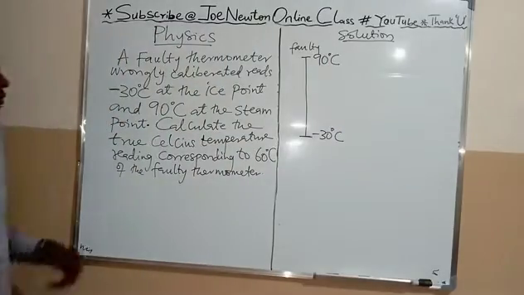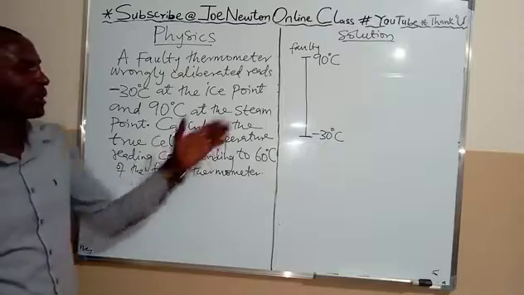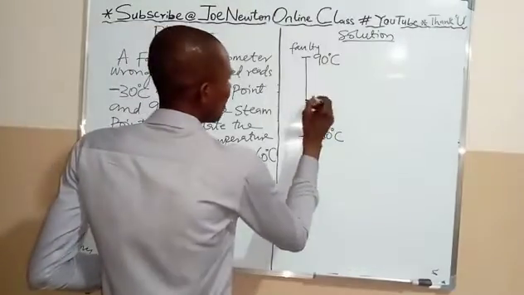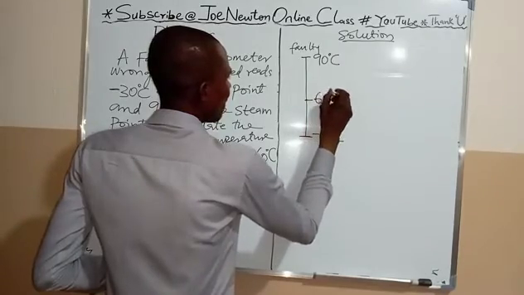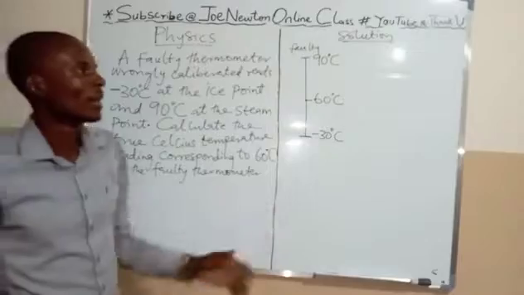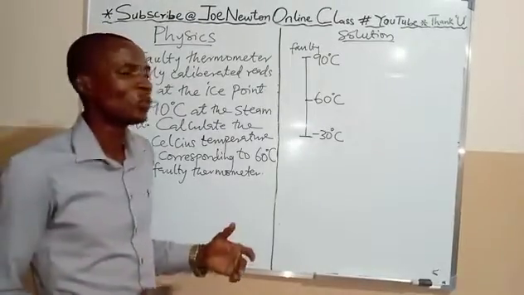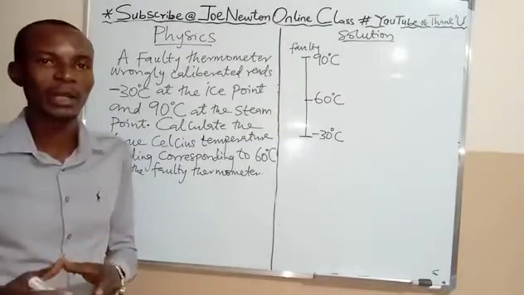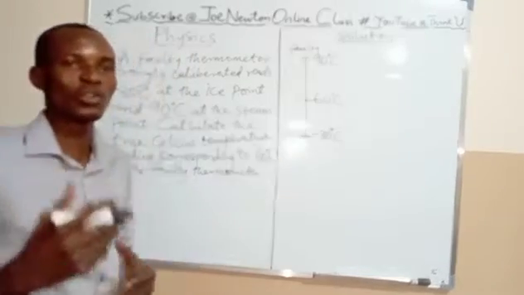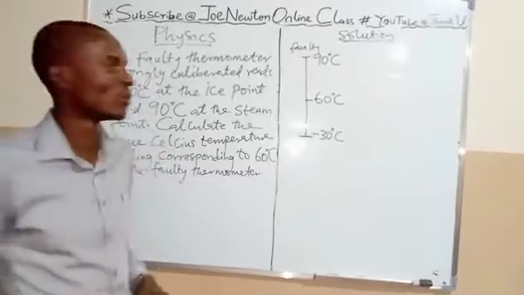Then the question explains further that at a certain point, the thermometer reaches 60 degrees Celsius. This is for the thermometer that is incorrectly calibrated. Now let's compare it with a true scale thermometer, a true Celsius thermometer, which we know has an upper fixed point of 100 degrees Celsius and a lower fixed point of 0 degrees Celsius.